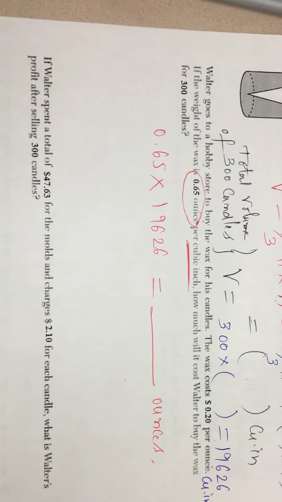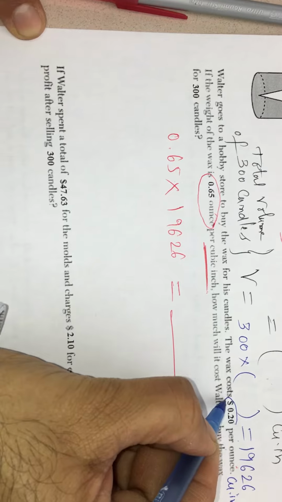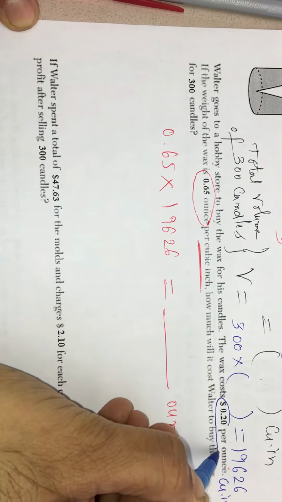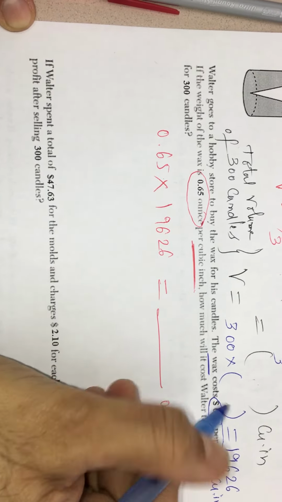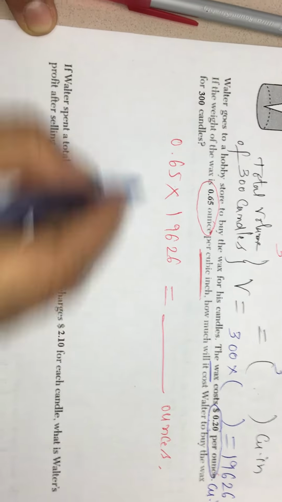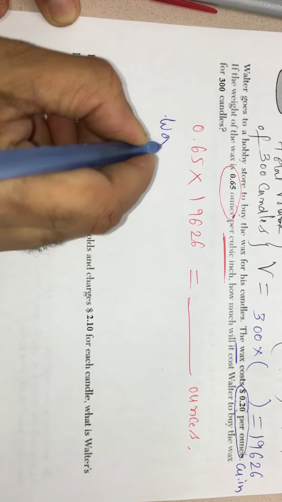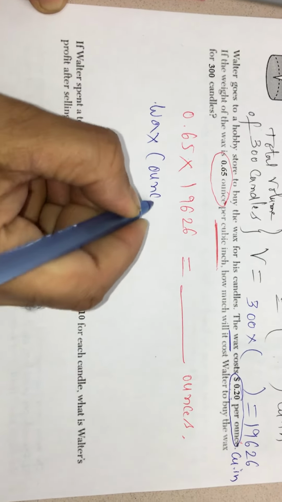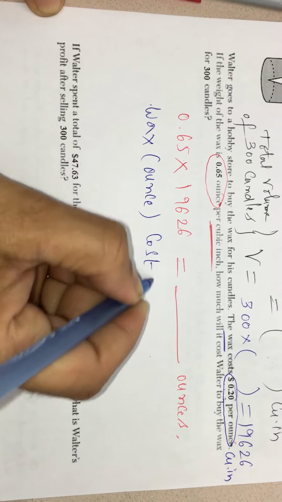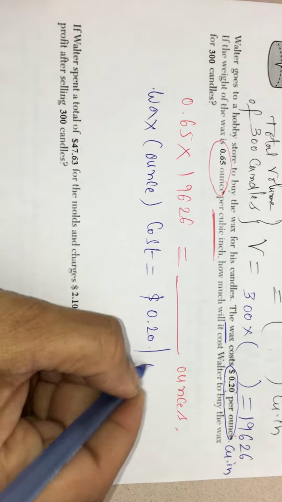Next, after getting that, each ounce of this wax costs $0.20. That means 20 cents. So how much is the total cost? The wax costs 20 cents per ounce.